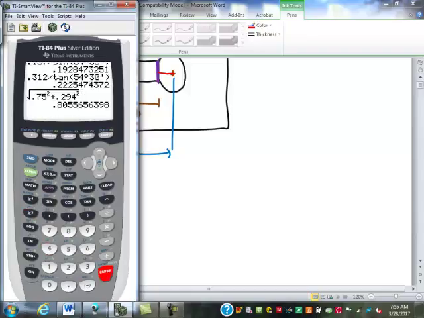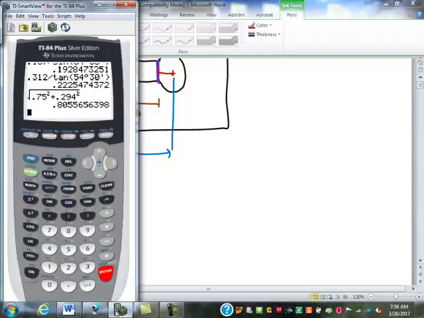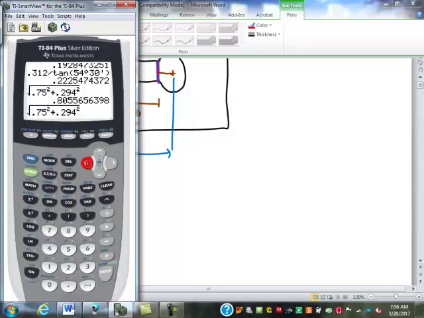Which is 0.8056, so 0.806 we're going to round it to. What's that? That cannot work, can it? That's got to be shorter. Oh, I put plus in there instead of minus. Thanks, good catch. Let me fix that and put in minus there.